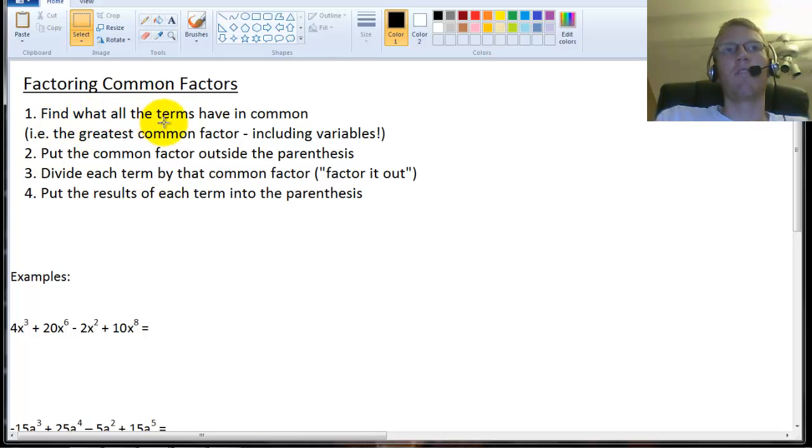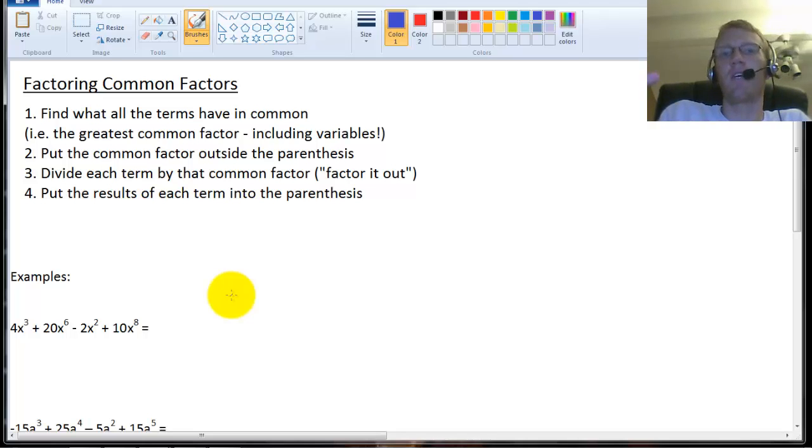You find out what the terms have in common, and then you take it out. And when I say factor it out, that means you divide all the terms by that quantity, because you're undoing distribution. And remember, distribution is another way of saying multiplication.